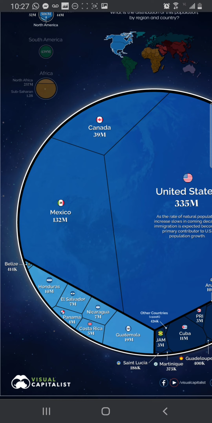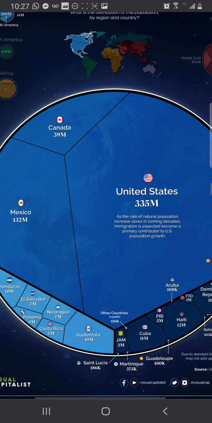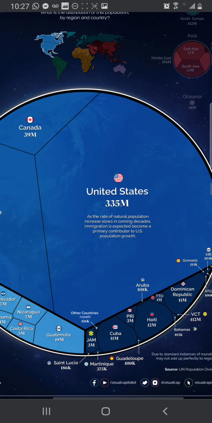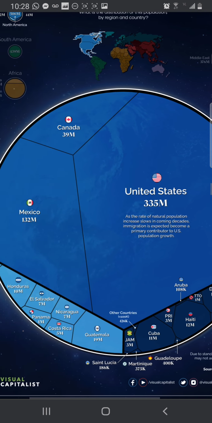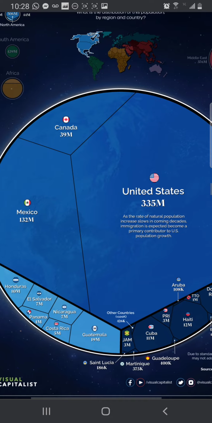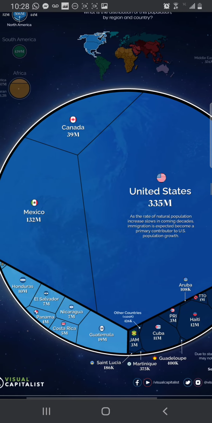So you got your Mexico and you got Canada. Mexico's population is more than Canada's. Canada has the lowest population, man. It's been like that for a long time. And the country is the second largest in the world. Canada is the second largest country in the world compared to Russia and China.